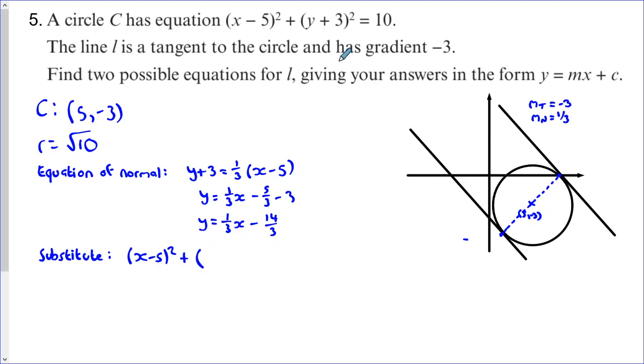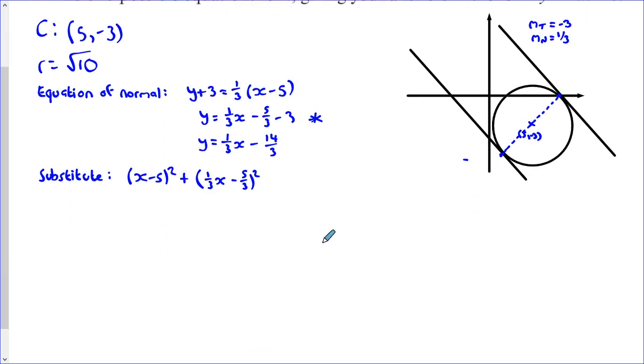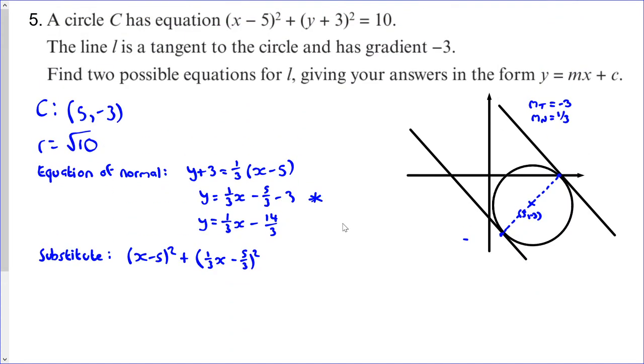Plus, I need to do y and then add 3 to it. And if I go back to this one, this is my expression for y. And if I add 3 to that, this negative 3 just disappears. So I'm back to what I had originally, a third x minus 5 over 3. Just saved a little bit of time. What's on the end? Equals 10.